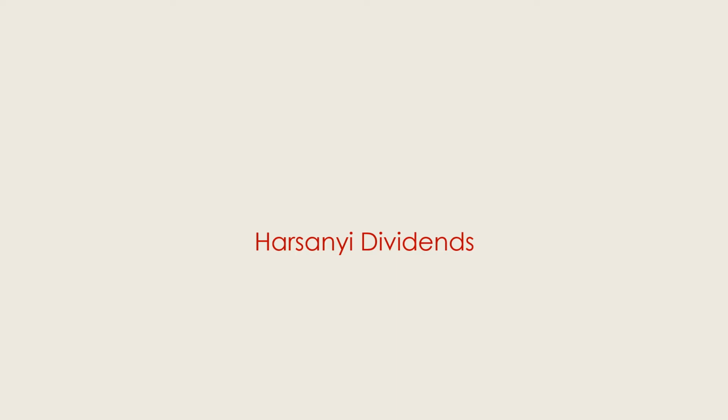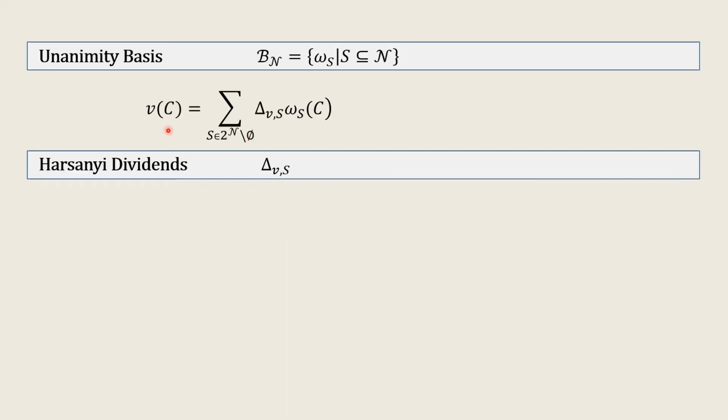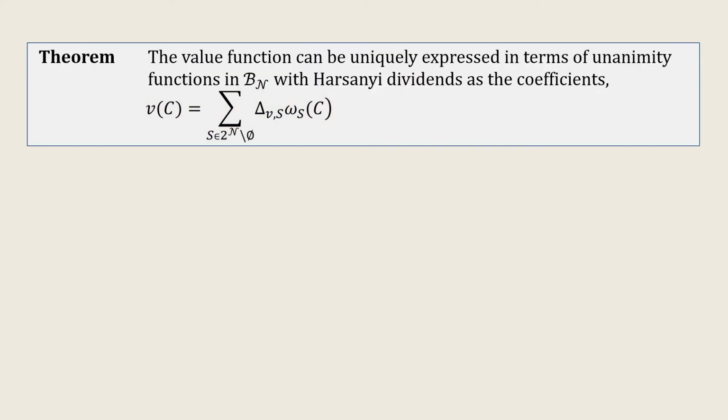Harsanyi dividends. So this is my claim here, and I just demonstrated this earlier for a simple game with two agents A, B, and these deltas are called the Harsanyi dividends. So here's my formal claim, the theorem.